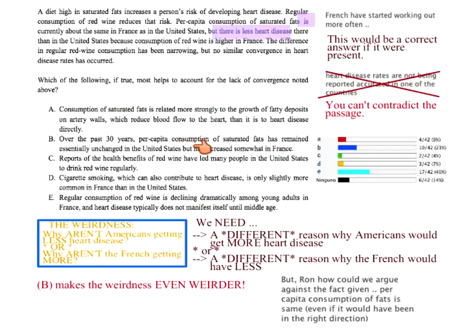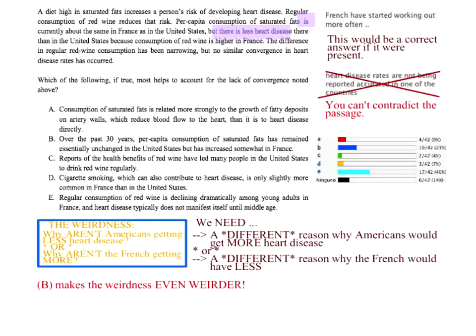So B can be consistent with that. I mean, if the level in France used to be lower, then you could have B be true, and you could also have this be true. That wouldn't really be a problem. So it's not a contradiction. You won't have answer choices that do that, because that's not how this works. You won't have anything that explicitly contradicts the passage. So I hope that takes care of that question.